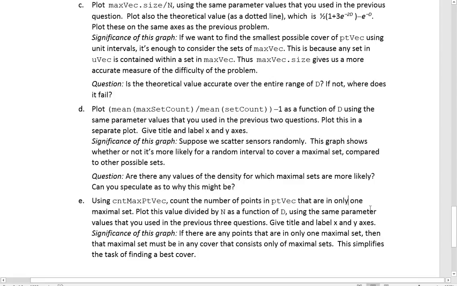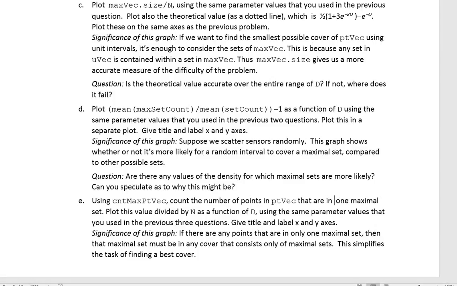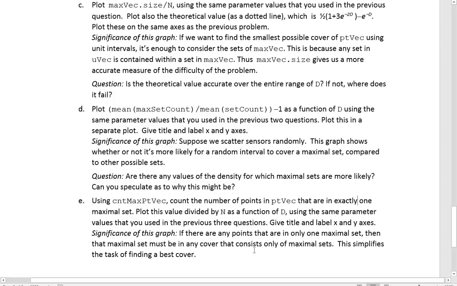I should say exactly one, not only one. So you should be able to do that because you look at your count max point vec and you look at the ones that have entry 1, and those are the points that are in exactly one maximal set.